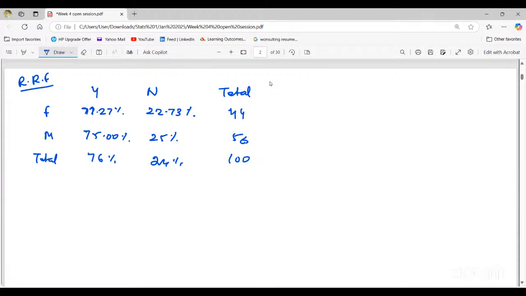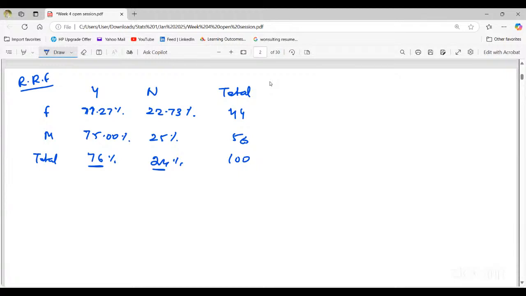So if we see here, there is one condition. If the row relative frequencies are the same for all the rows, then we say that the two variables are not associated with each other. So if you see here, the proportion of owning a smartphone and not owning a smartphone is 76% and 24%.